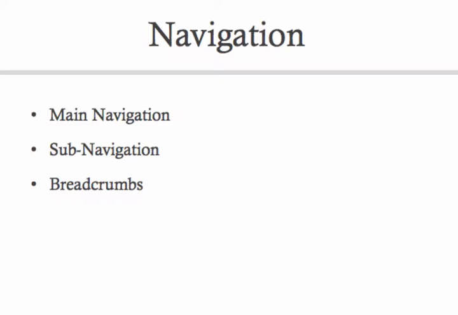Your navigation can consist of your main navigation, which is going to be the main different things that you'll highlight, then a sub-navigation, which might be subsections, and then the final thing will be breadcrumbs. And I'll show you what breadcrumbs are.